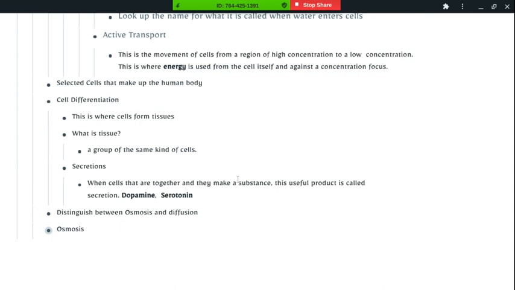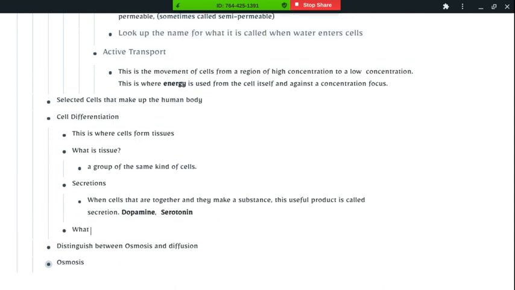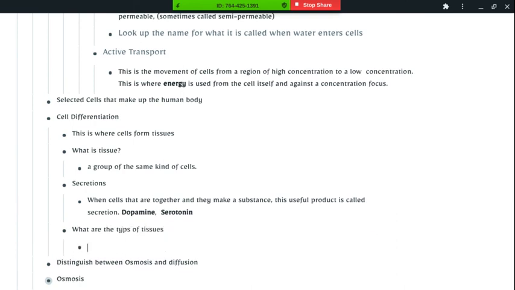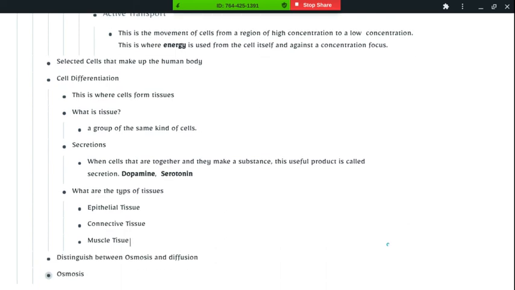Okay, now that is essentially going to take us into the end of that. But before we finish off in 2 minutes, we're going to list quickly the types of tissues. What are the types of tissues before we end? Your task is going to be to look up the definition of each type of tissue. So you have the epithelial tissue, the connective tissue, the muscle tissue, which is pretty self-explanatory, and then you have the nervous tissue.